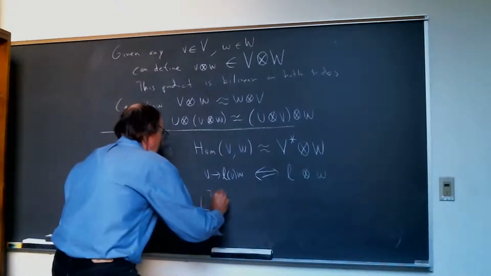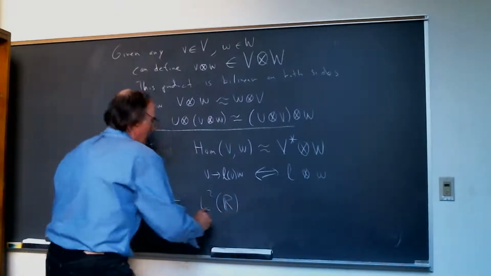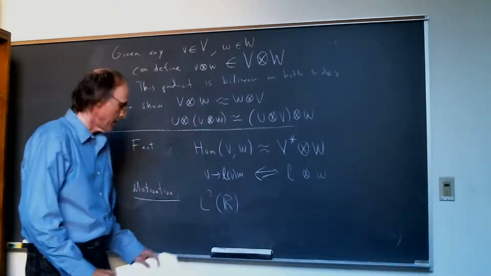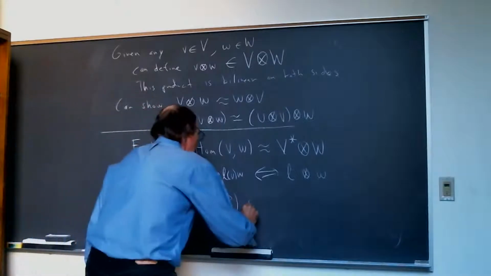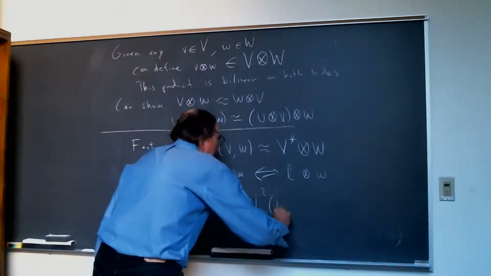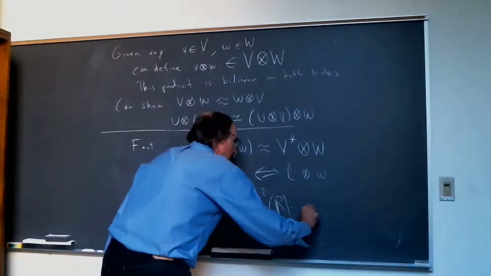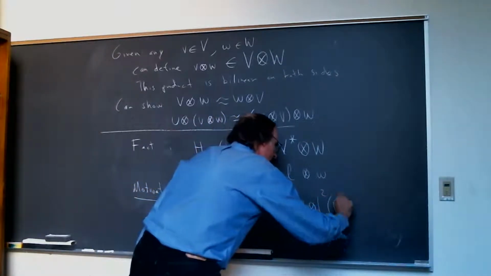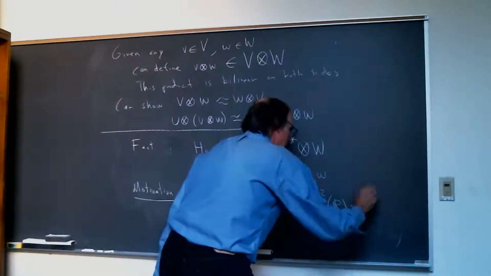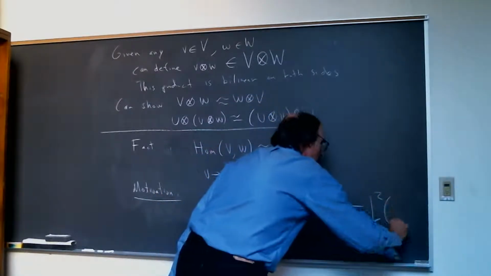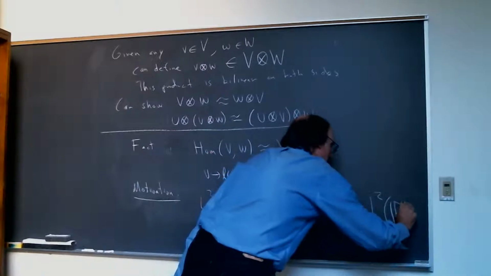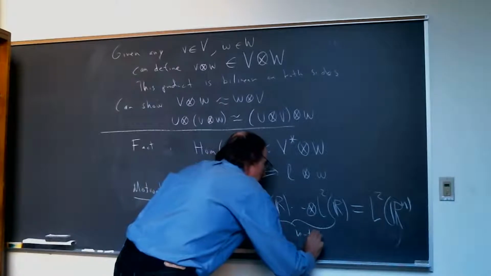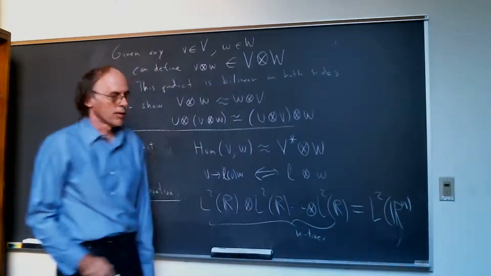If you take L2 functions on the real number line, the tensor product of these n times is what you get if you want functions on R^n.